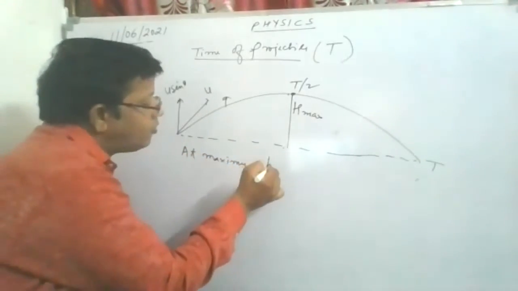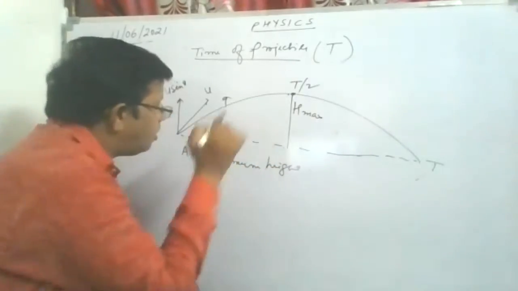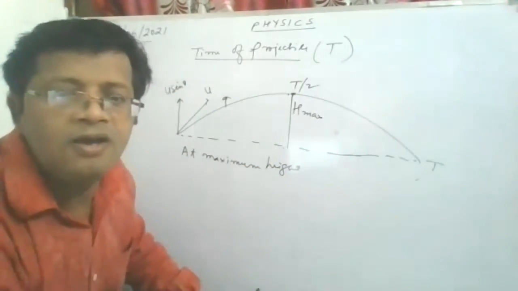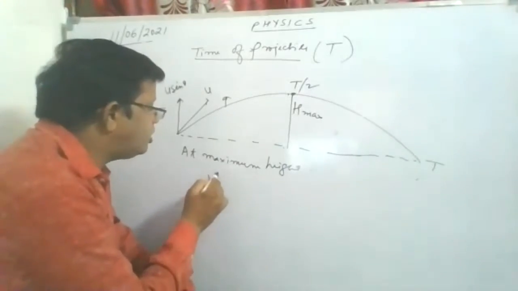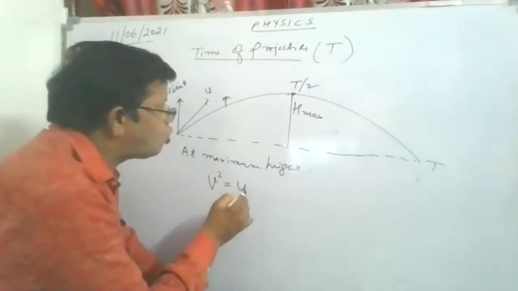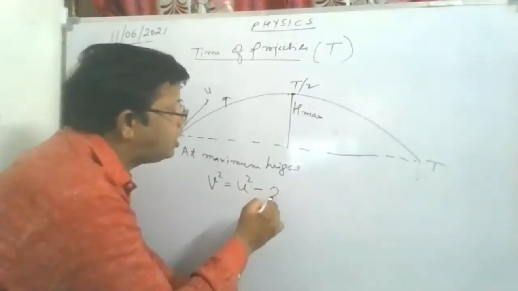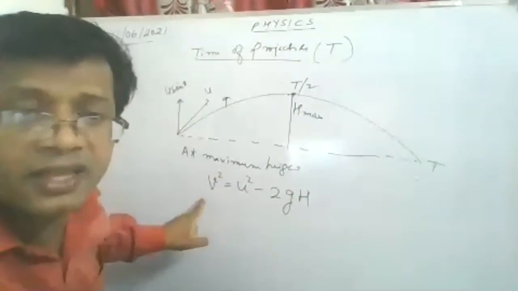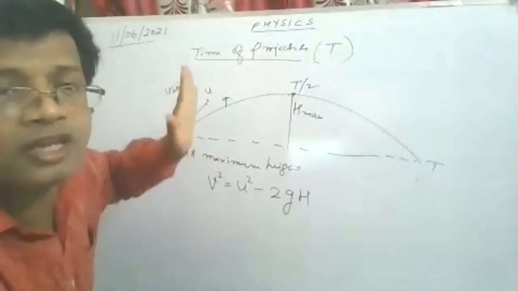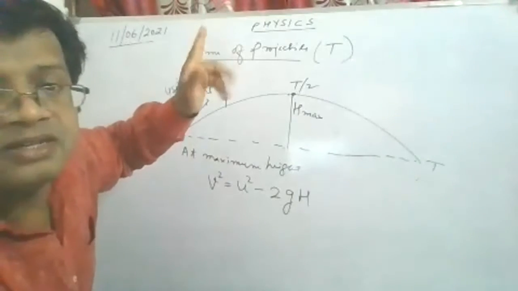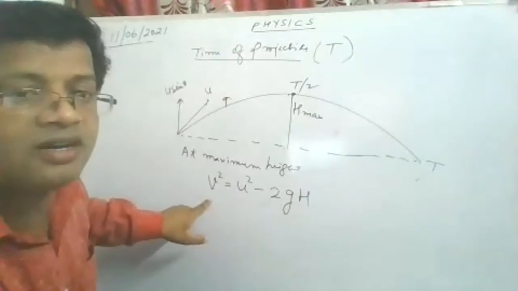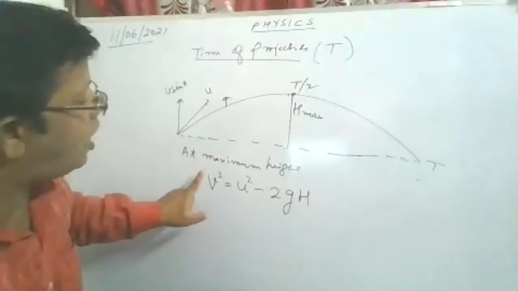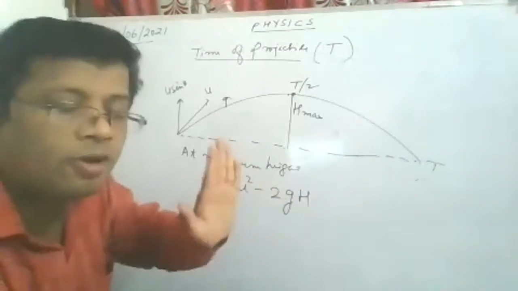Now at maximum height, what can we say? For the upward journey, what is the formula? Yes, beta, for the upward journey v square is equal to u square minus 2gh, because it is going up and gravity is pulling down. Just in the last class we studied this third equation of motion, v square equals u square minus. Why, beta?